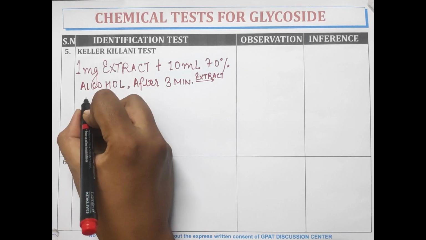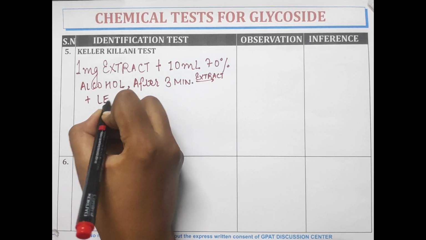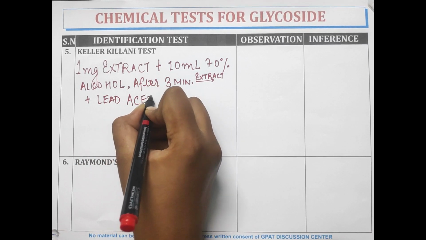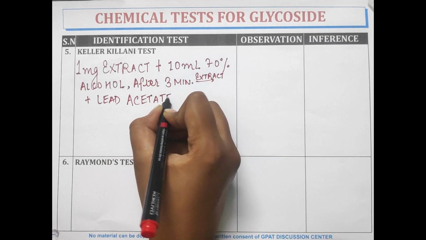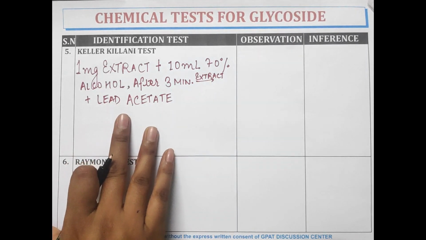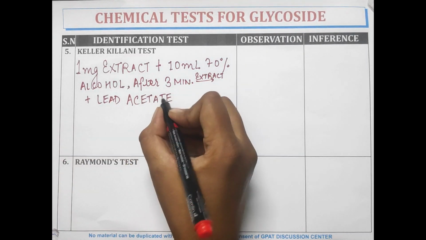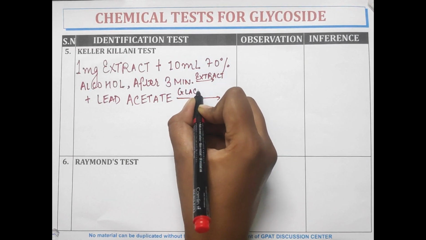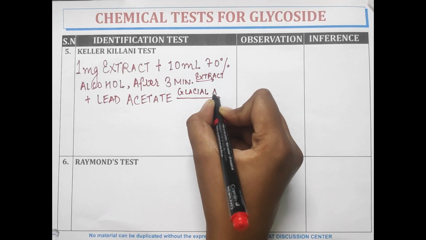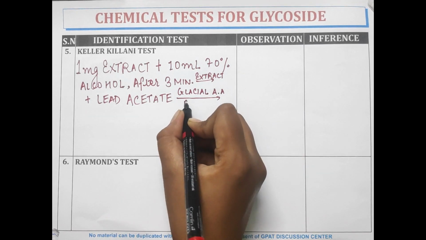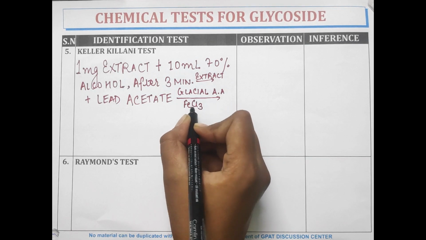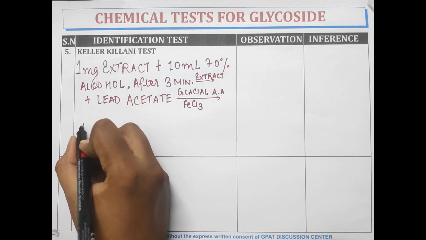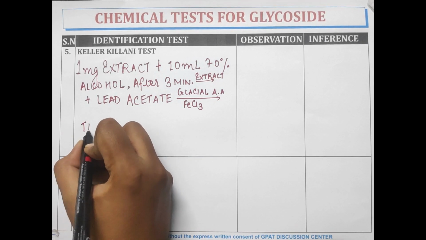This extract is mixed with lead acetate. And in this extract solution, glacial acetic acid and ferric chloride are added, and this is transferred into a tube containing sulfuric acid.